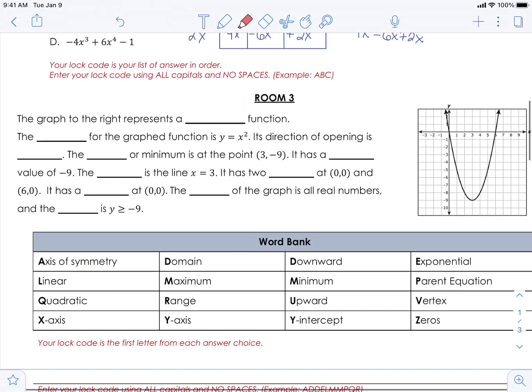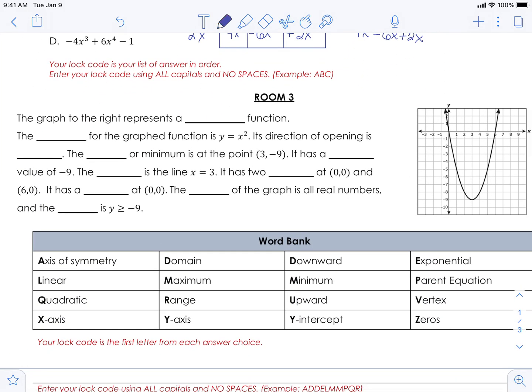Okay, now we're going to take a look at some key features. So we have this graph to the side, and we have to fill in the blanks. So it says the graph to the right represents what type of function? Blank function. Well, it's a quadratic function. Okay, the blank for the graph is y equals x squared.